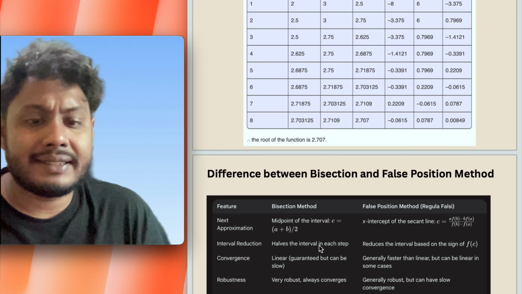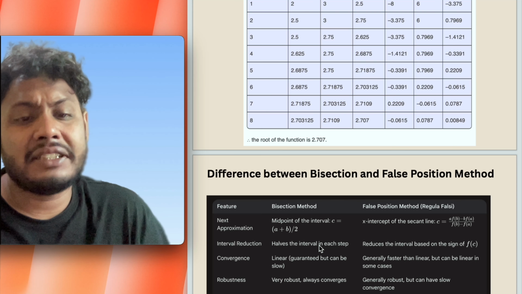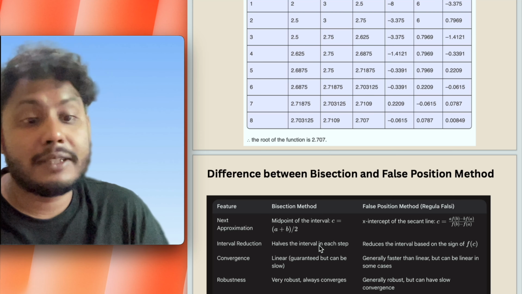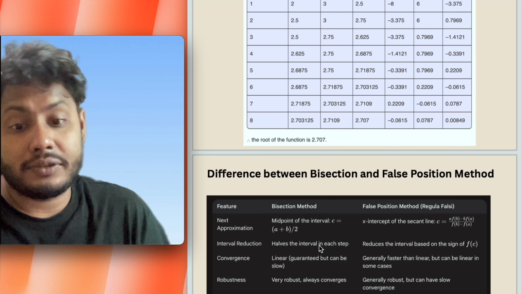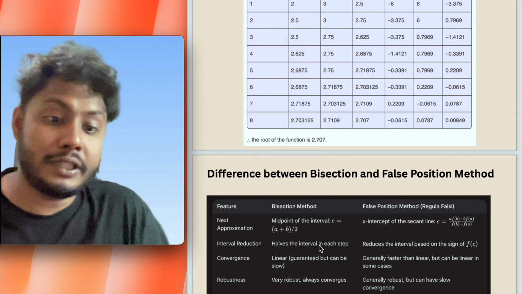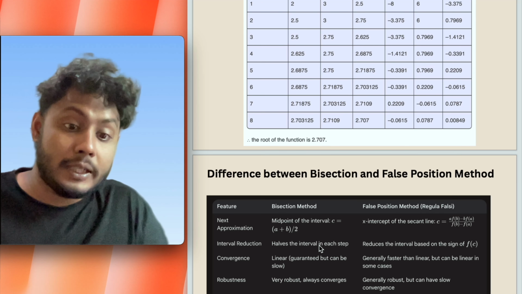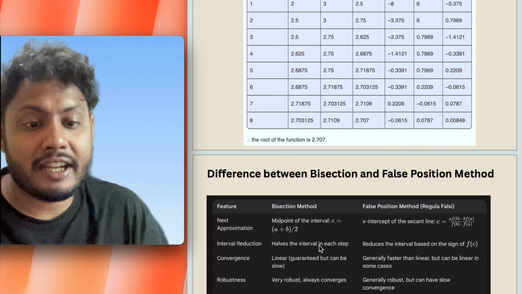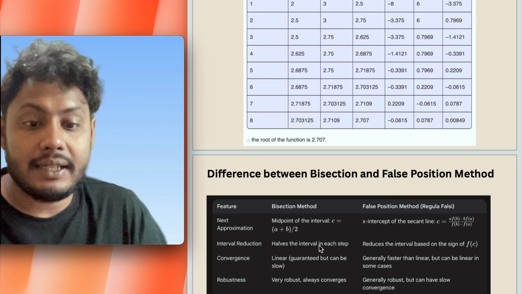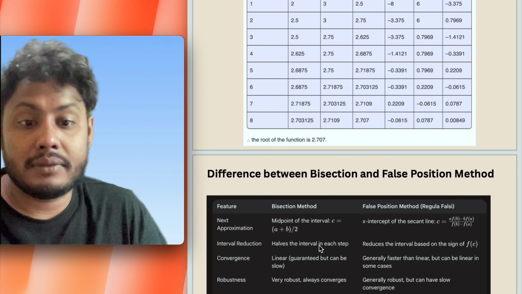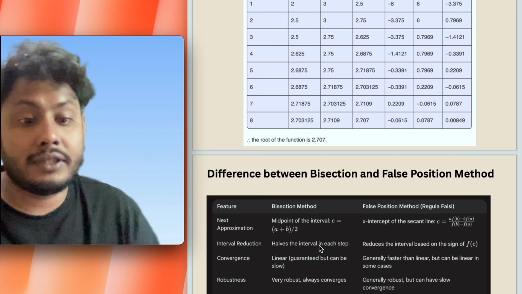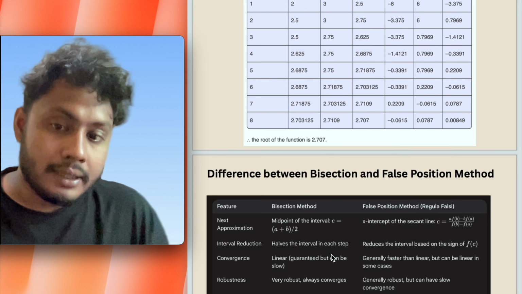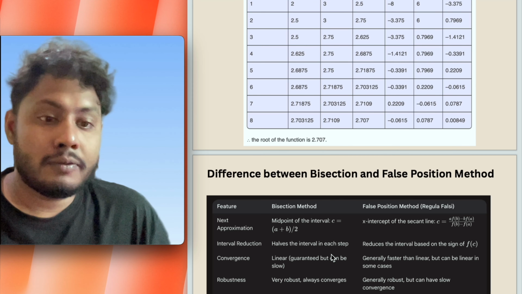Third, convergence. The bisection method converges linearly, just linear. The false position method is generally faster, but can also be linear in some cases. Fourth, robustness. The bisection method is very robust and always converges. The false position method is generally robust, but can have slow convergence. The bisection method is less efficient per iteration, while the false position method is more efficient per iteration. Okay, thank you everyone for my presentation.